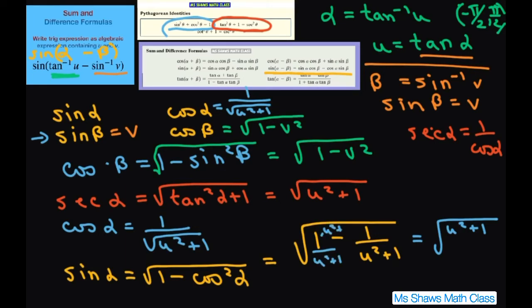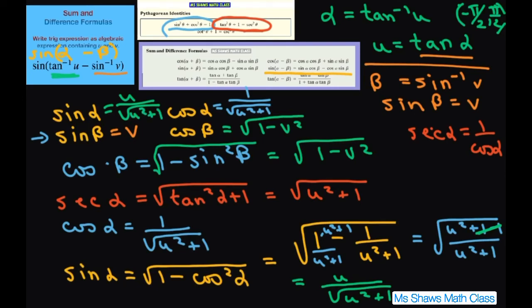So it's going to be u squared plus 1 minus 1 divided by u squared plus 1. And when you simplify, the square root of u squared is u, and then you have the square root of your denominator, u squared plus 1. So here's our sine of alpha, u divided by the square root of u squared plus 1.